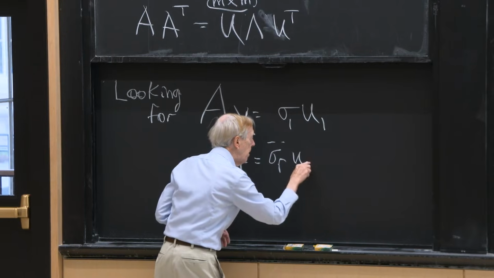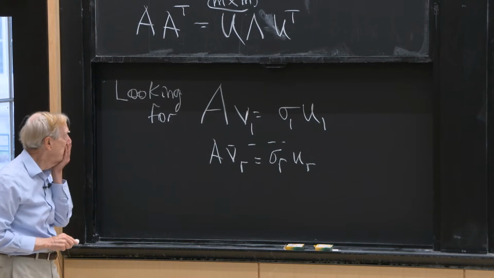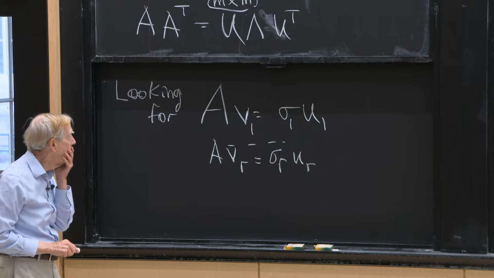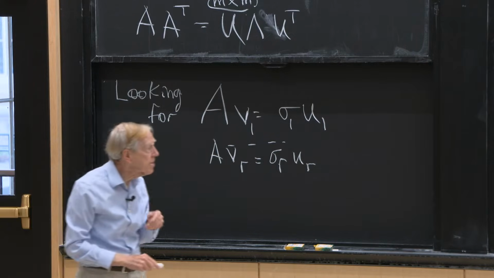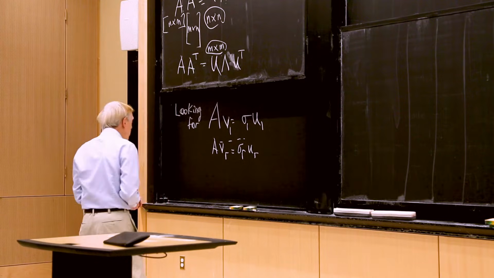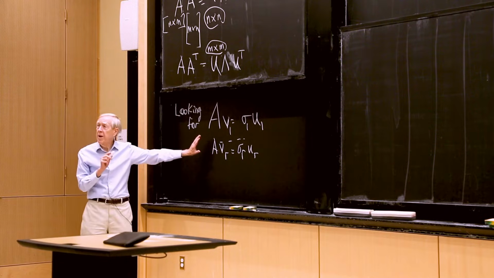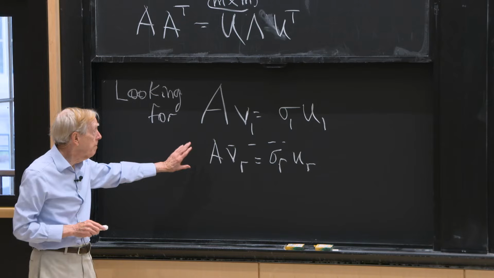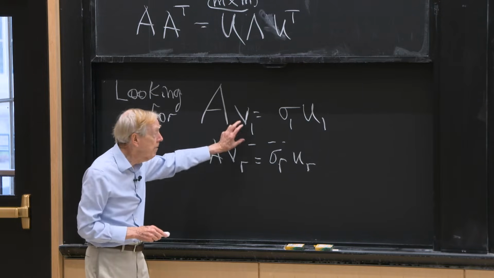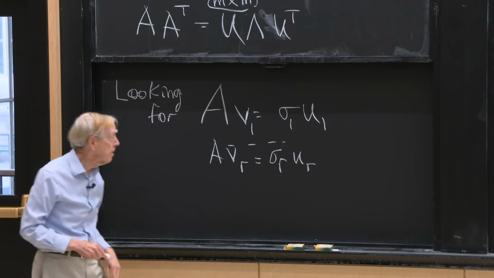Let me just see. AV is sigma U. Yeah, that's good. So this is what takes the place of AX equal lambda X. A times one set of singular vectors gives me a number times the other set of singular vectors.